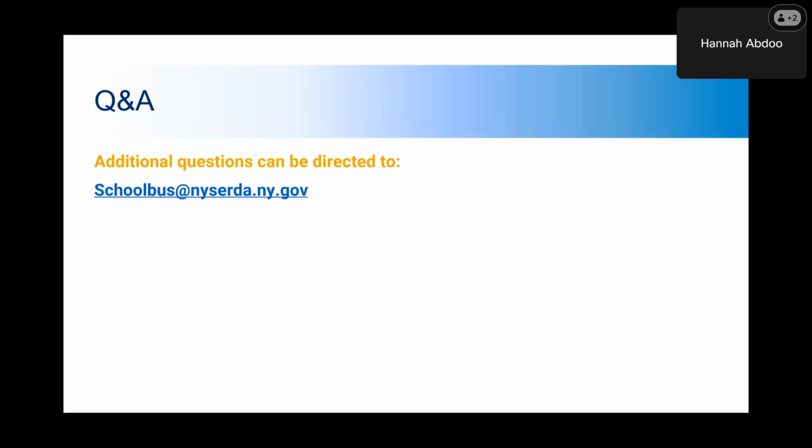Yes, so networking the charging stations basically means you are connecting it to the internet for both data sharing purposes, for monitoring utilization. We recommend that you do network your chargers in order to comply with reporting requirements. It's much easier.